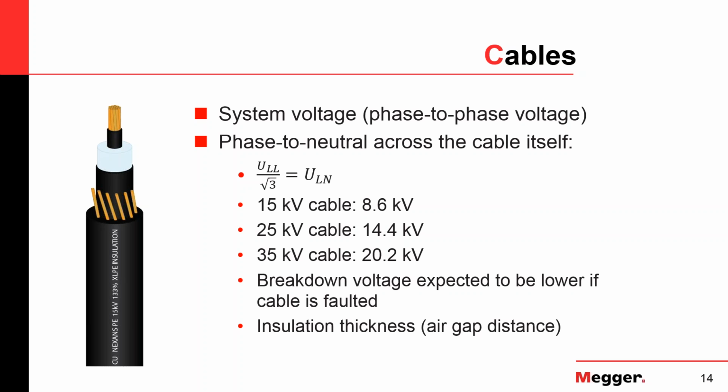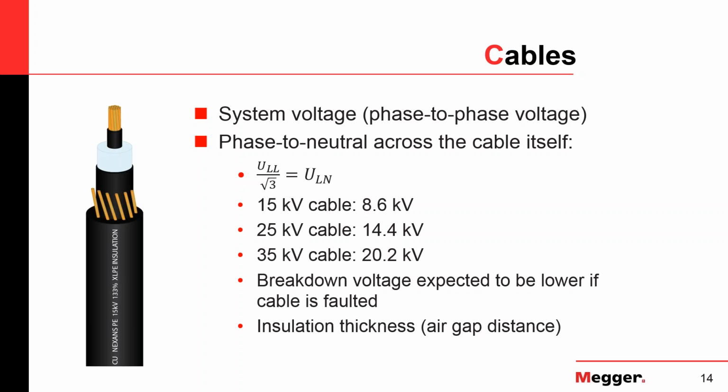Now, if you have a cable fault and only one phase is faulted and the other 2 cables are not, then each individual cable does not see the 15 kV, even though it's referred to as a 15 kV cable, because the potential difference is between the conductor and the neutral, the return.